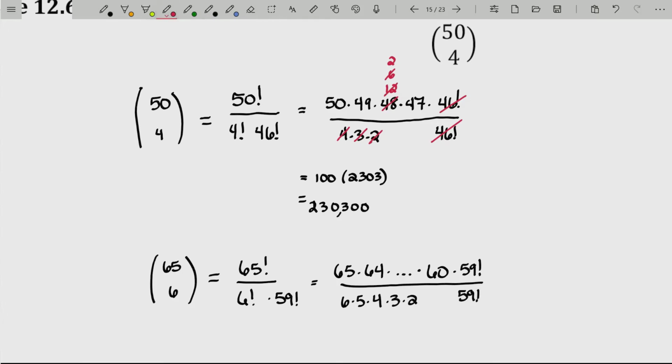And you'd cancel these out. 6 goes into 60 10 times, 2 goes into 10 5 times, 5 goes into 5 nicely. I'm sure there's some other numbers here, like 4 I think goes into 64 16 times, right? And then 3 goes into one of these other numbers, I think 63.